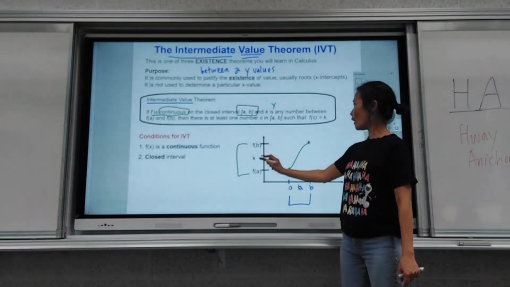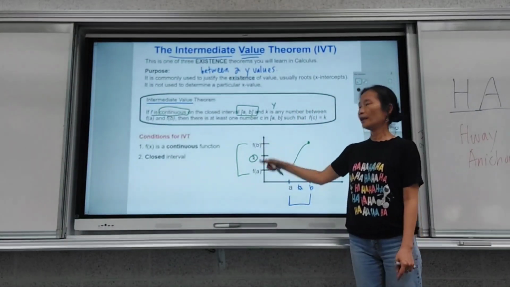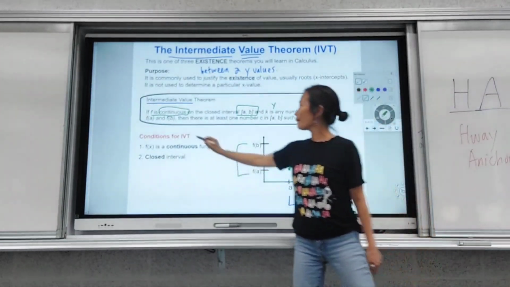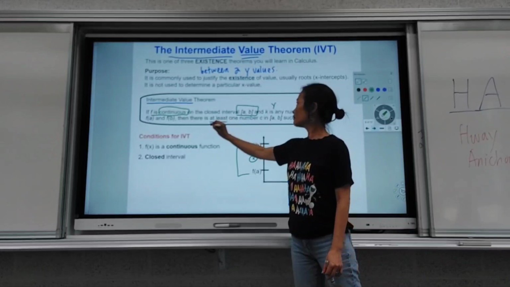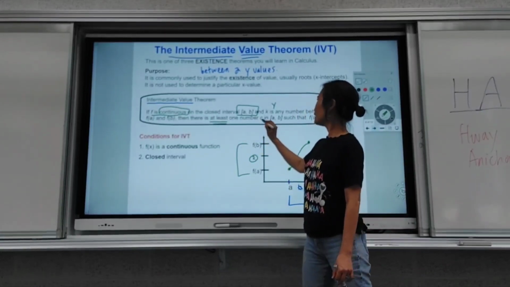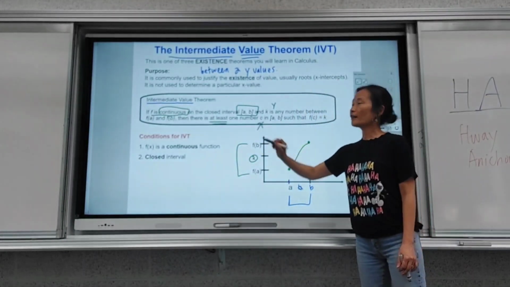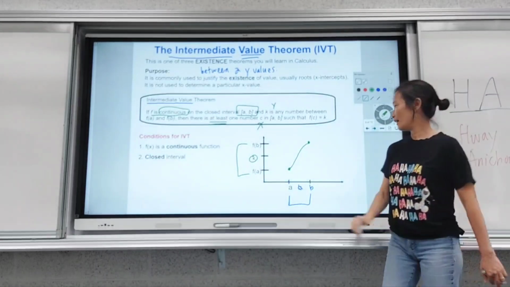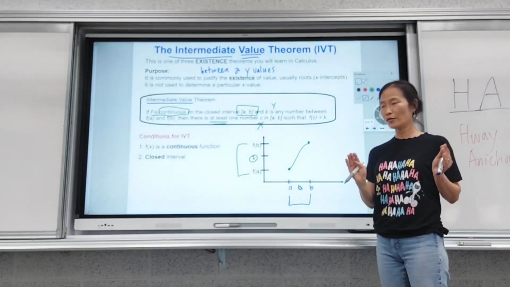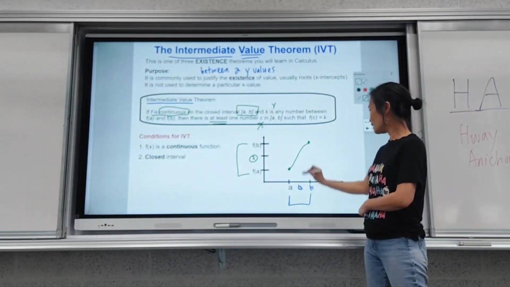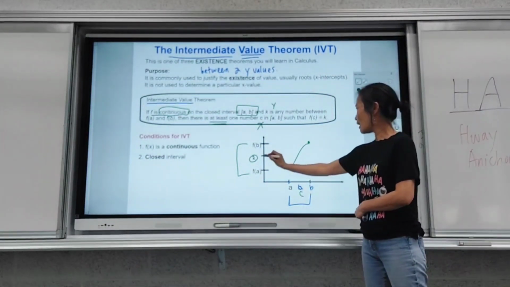We're talking about the y value, right? K is between f of A and f of B. Then there is at least one number, C. C now is talking about the x value, right? Her age between 10 to 16 years old. I can find a value C here that is satisfied.